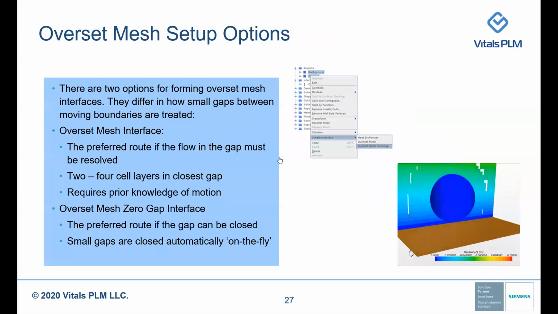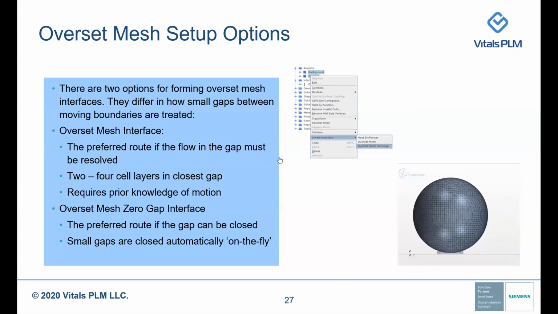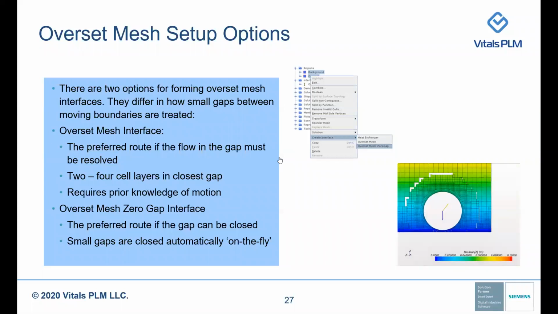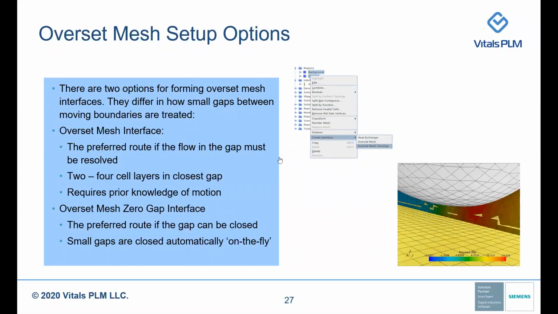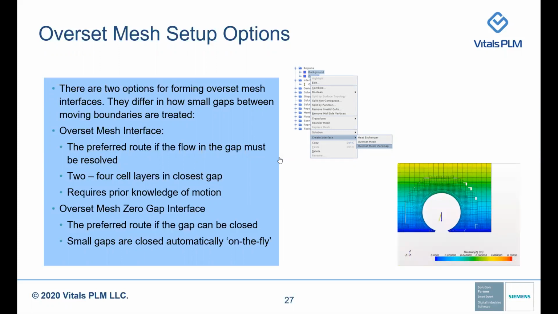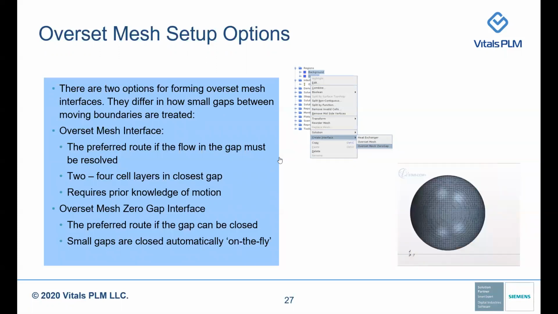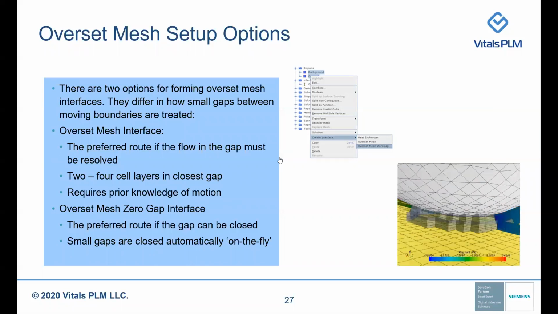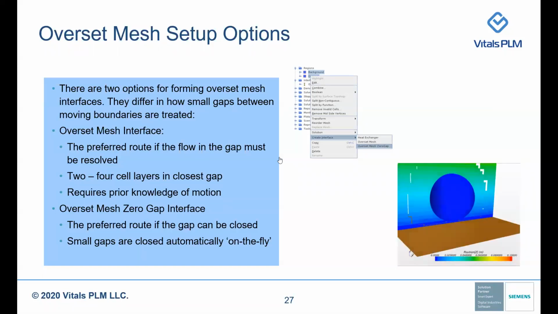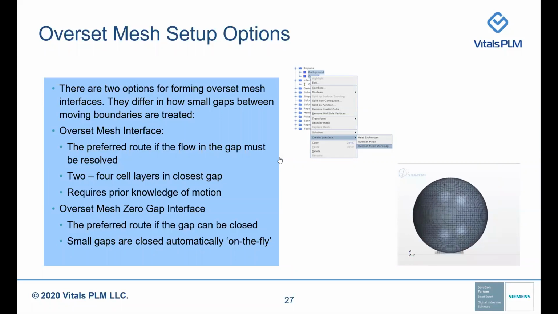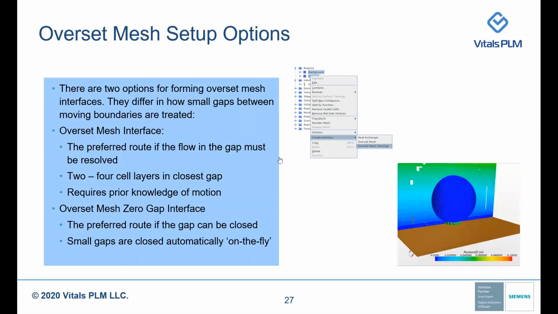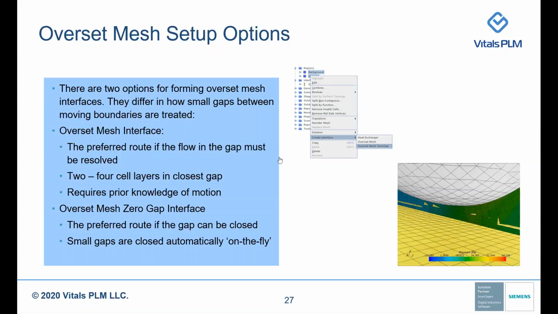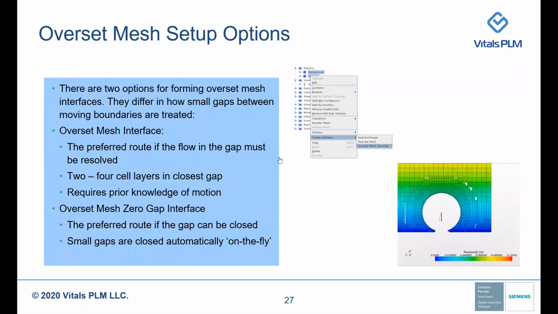There are two different options to define the overset mesh interface: one is the overset mesh interface, and the other is the overset mesh zero gap interface. As the name implies, they differ in the way they handle the zero gap. In some examples, while modeling the relative motion between objects, sometimes there is a need to handle small gaps.